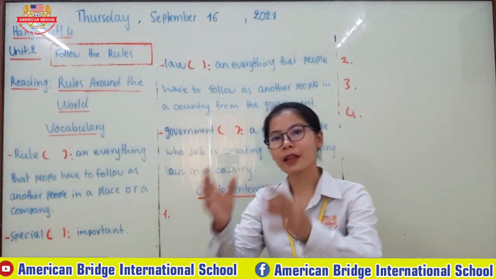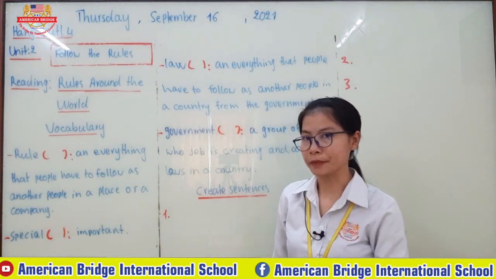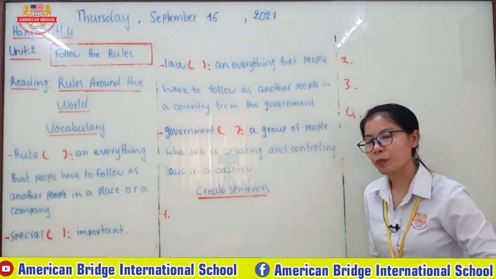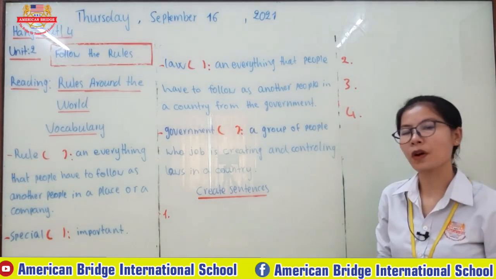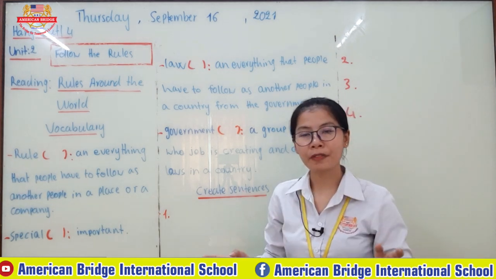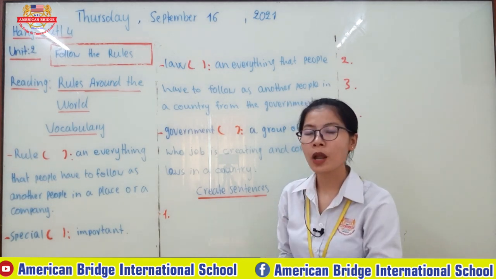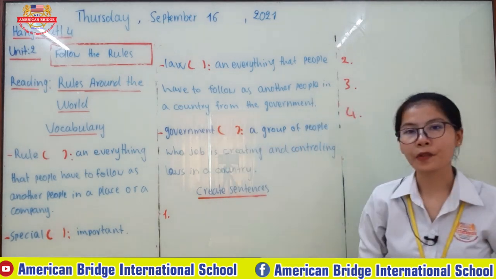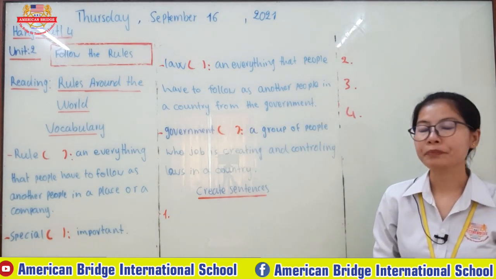The leader in a place, in a family. So it is different. And when the government creates the law, the people in the country must all follow it together. Even though we have different families, different companies, different schools, you must follow the law that the government already created for everyone.